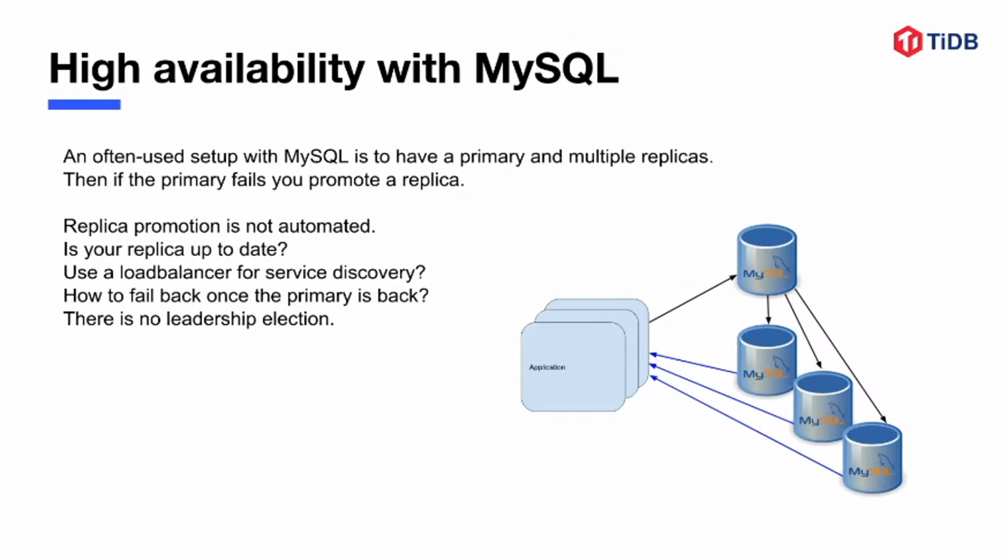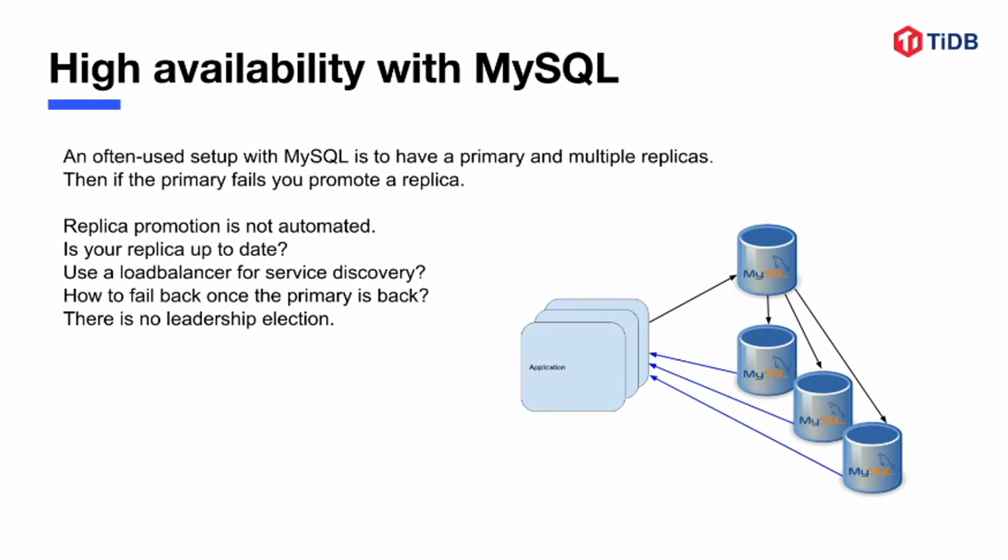You want to use a load balancer for discovery, but you have to send writes to the primary and reads to the replicas. So you need to figure out what machine has what task. That's all non-trivial, and there's no real leadership election.